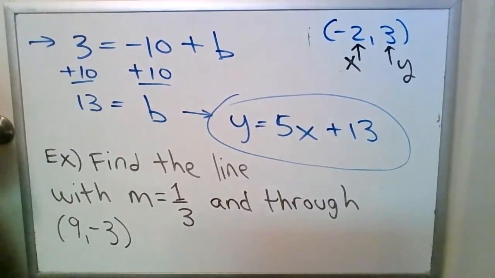So you can use the point-slope form, or you can use y equals mx plus b. I'm kind of a fan of y equals mx plus b, so I'm going to give that a try.